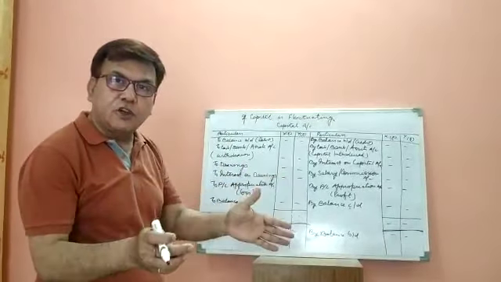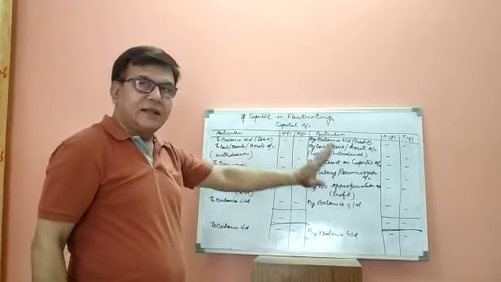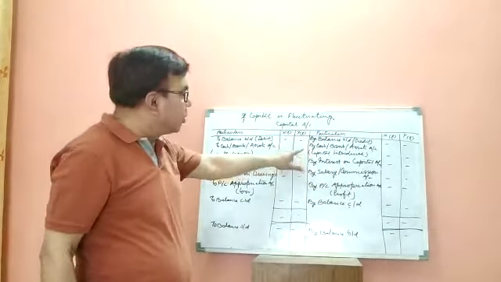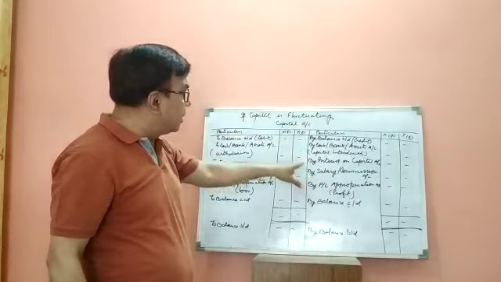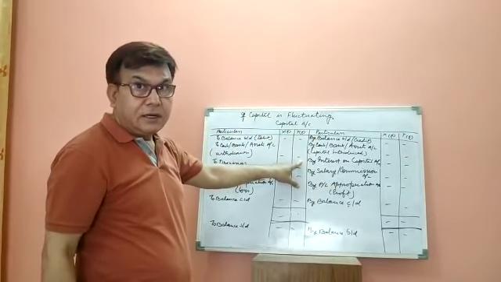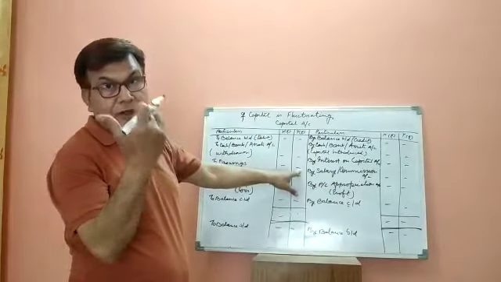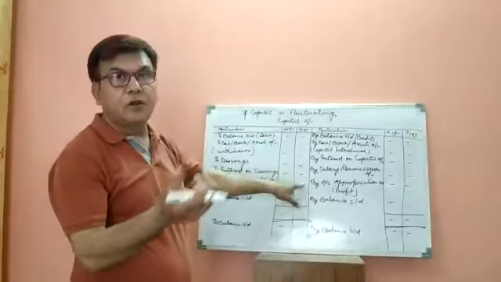It's a combination of capital account and the current account. As we write in the capital account balances, we have written it here. We write capital introduced there, we have written it here. We write in the current account interest on capital, we have written. Interest on current account is not here. Salary or commission, there we write, here also we are writing. Share in profit, there we write, here also we are writing.